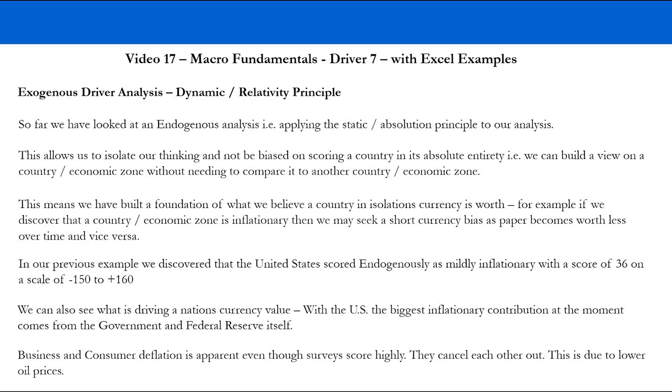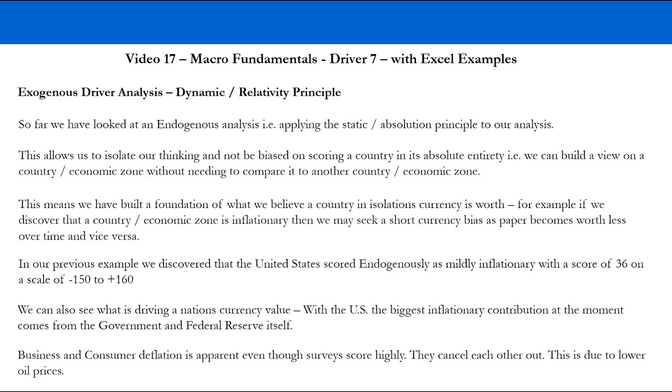This basically means that we've built a foundation of what we believe a country's currency in isolation is actually worth. So, for example, if we discover that a country or economic zone is inflationary in nature, then we're probably looking to seek a short currency bias as the paper becomes worth less over time, and vice versa.